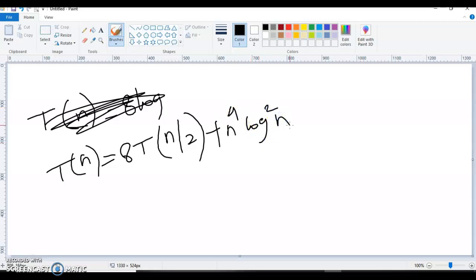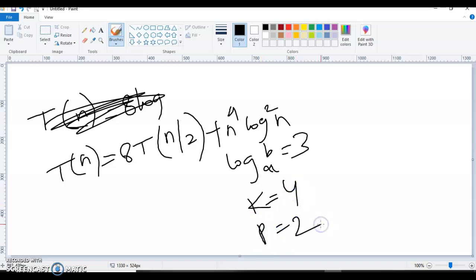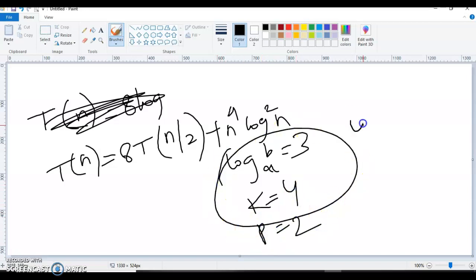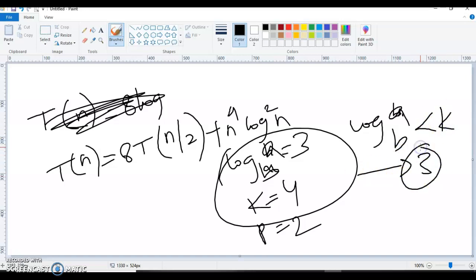So as you know, here we're gonna get log a to the base b as 3. We got k equal to 4 and p is equal to 2. So as you see here, log a base b is less than k. So it is in the third case, and now we have to depend on p. We have two cases: p greater than or equal to 0 and p less than 0.